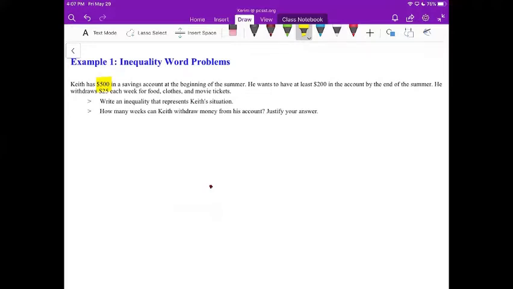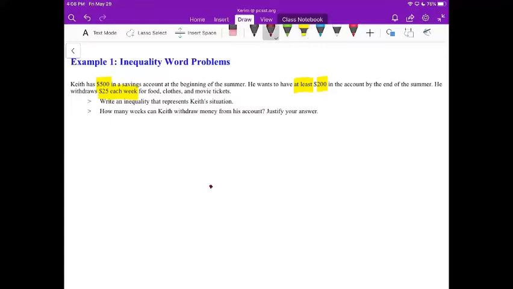And then he wants to have at least, that's the keyword I have, at least $200 in the account by the end of the summer. So that means he's going to spend some of it. And then he withdraws $25 each week for food, clothes, and movie tickets. This is an important number again, 25 each week.